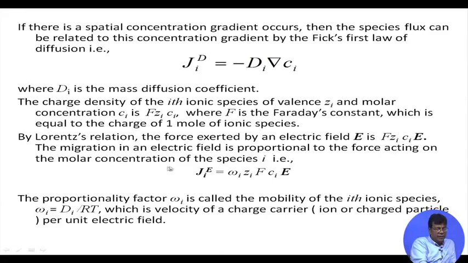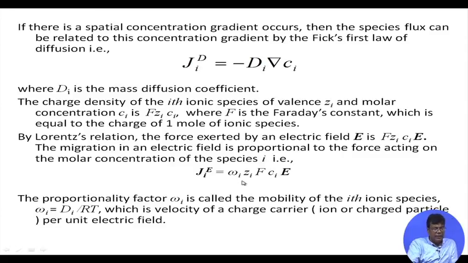Due to migration in an electric field, we are considering this volume charge. These ionic species will have a flux due to the presence of an electric field, which is proportional to this net amount of charge. This proportionality constant, omega_i, is called the mobility of the ith ionic species.